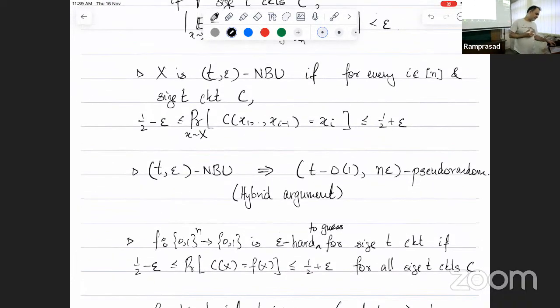The reason we were looking at hard to guess was that if someone gave us a function that was hard to guess, you could use it to construct a pseudorandom generator which stretches by maybe 1 bit, which would just replace the last bit by the hard to guess function on the previous bits. But of course, that was not a great generator.